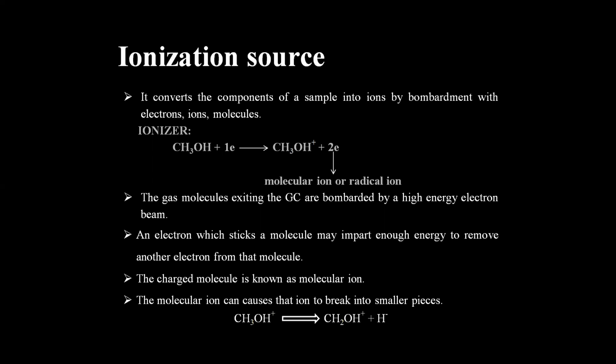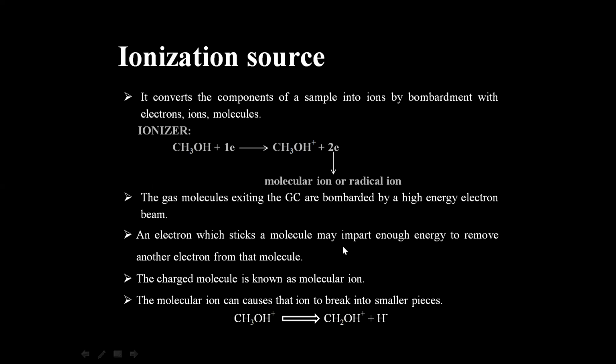Next, what is the ionization source? It converts the components of a sample into ions by bombardment with electrons, ions, or molecules. In ionization, CH3OH gives up one electron and produces the CH3OH positive ion, which is a molecular ion or radical ion. The gas molecules existing in the GC are bombarded by a high energy electron beam.